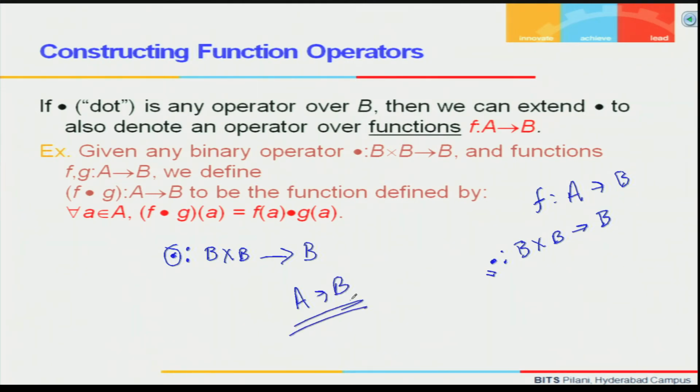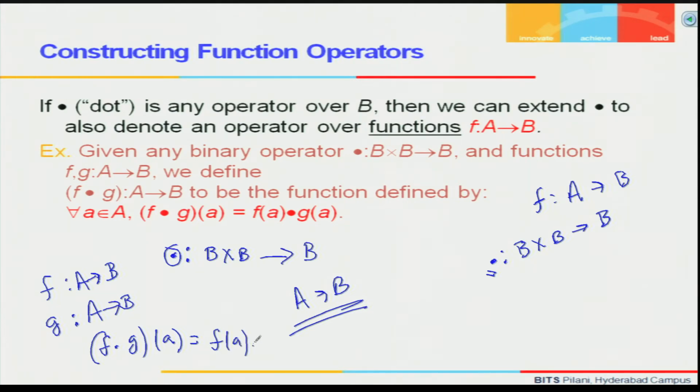How it is defined is, say f is a function from A to B and g is another function from A to B, then we consider f dot g. This is what I mean by this operator being operated on these two functions f comma g. How it will work out is that (f dot g) of a will be f of a dot g of a.